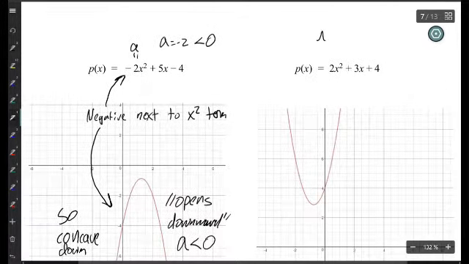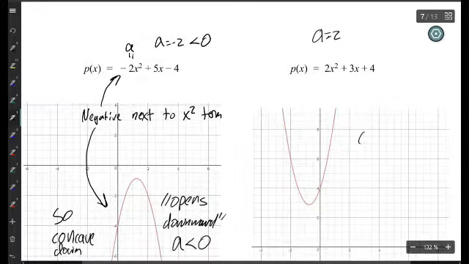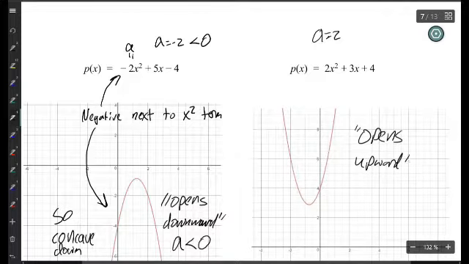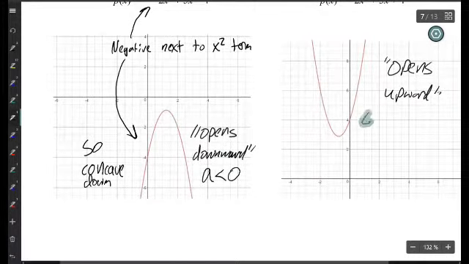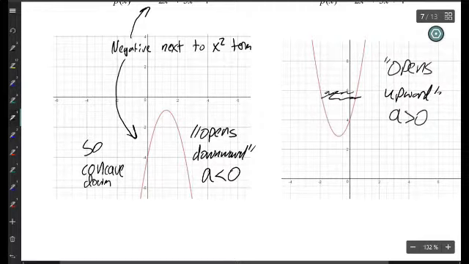Here, a is 2. So it opens upward if a is greater than 0. So it holds water, you can informally think.